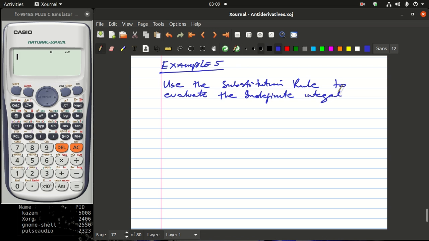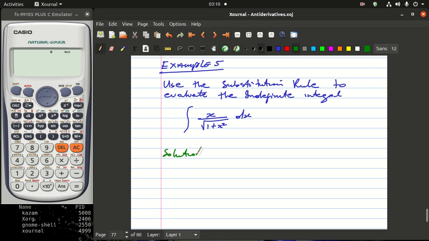Now I have this nice integral here, which is x divided by the square root of 1 plus x squared dx.